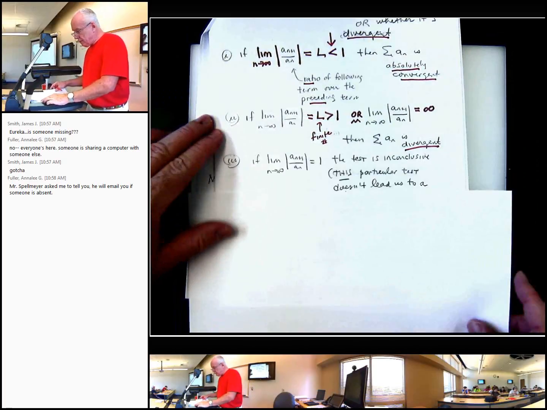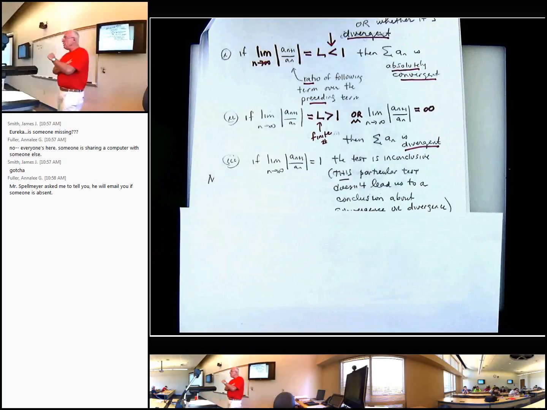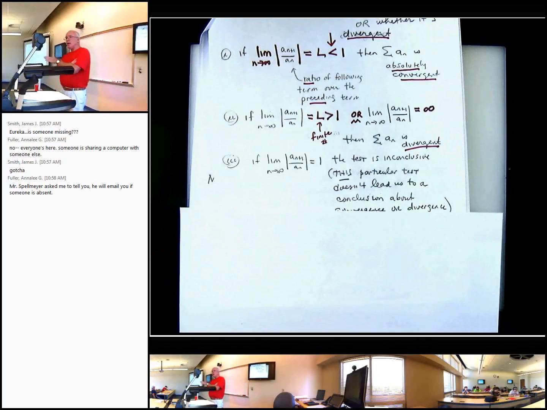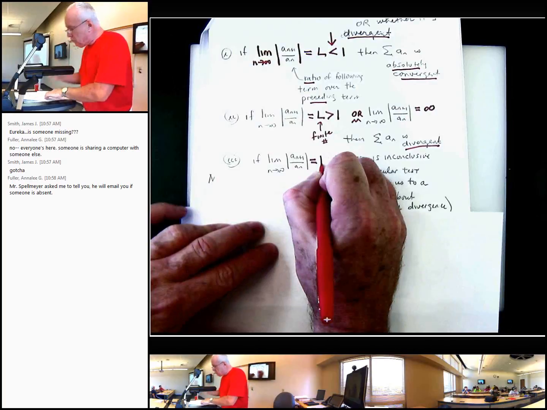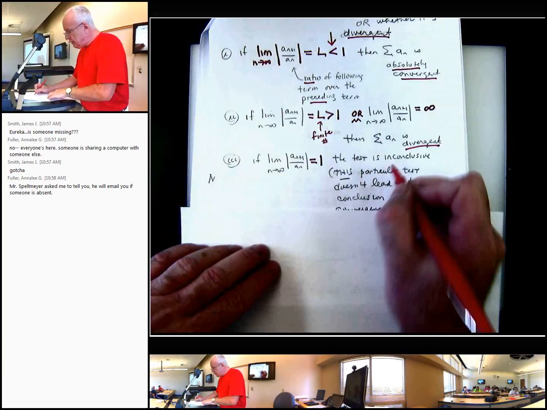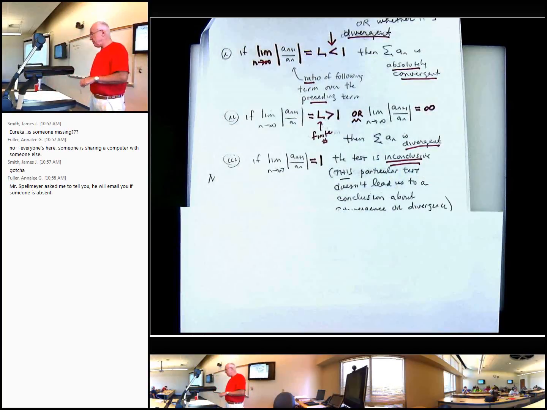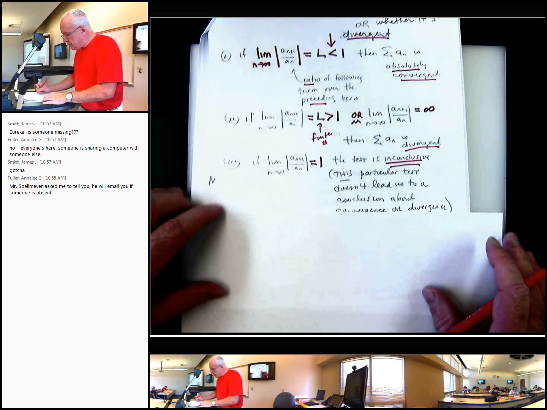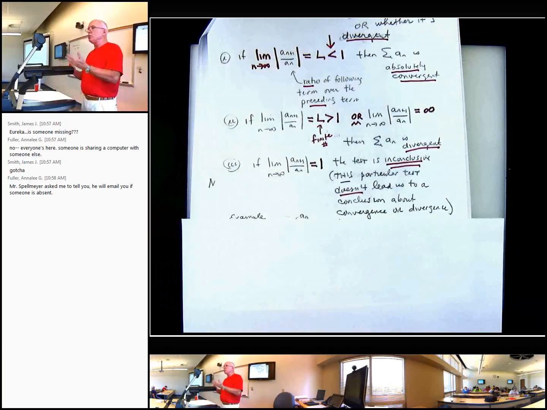Then finally we have the third case here, number 3. So again, we do the ratio, we take the absolute value, we do the limit as n goes to infinity. But this time the limit is exactly equal to 1. When this happens, this test is inconclusive, i.e. it tells you nothing. It does not lead us to a conclusion about whether it converges or diverges.